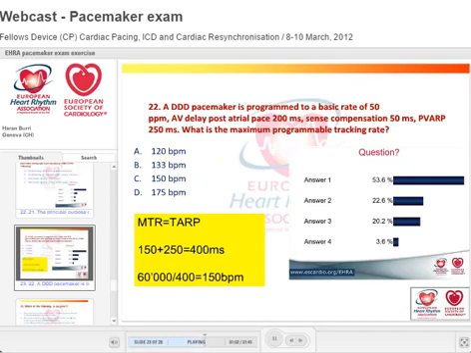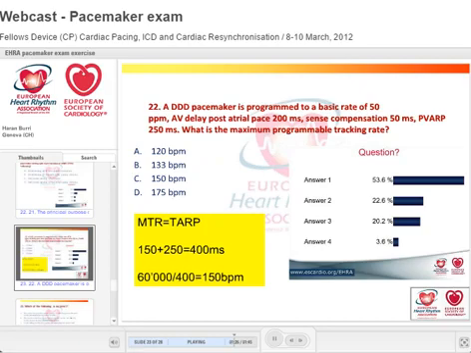Now, the other thing you have to remember is that maximum tracking rate will depend on the total atrial refractory period, TARP, which is the AV interval plus the PVARP. So the AV interval here is 200 minus 50, which is 150, plus the PVARP 250, gives you 400 milliseconds.